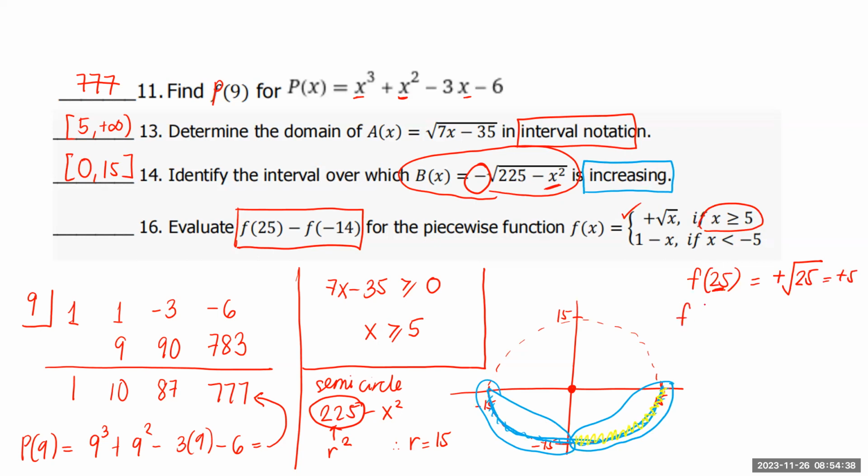And for f of negative 14, since negative 14 is less than negative 5, we use the second piece. So 1 minus x, with x as negative 14. 1 minus negative 14 is positive 15. Therefore, if we subtract f of 25, which is 5, from f of negative 14, which is 15, 5 minus 15 is negative 10.